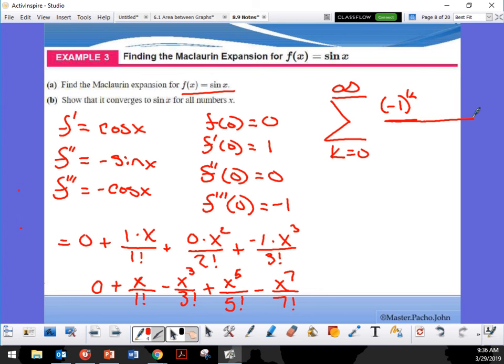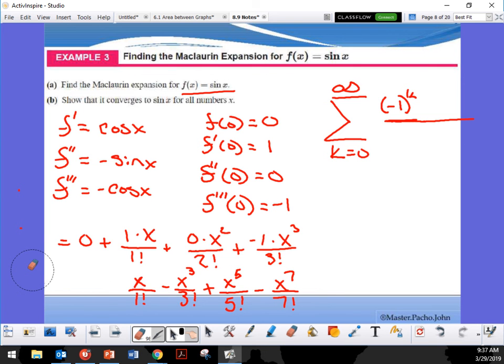Brenda, what do you think? K plus 1. Negative 1 to the k plus 1. Okay, look at the pattern.